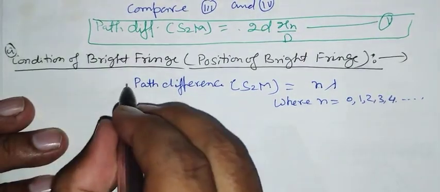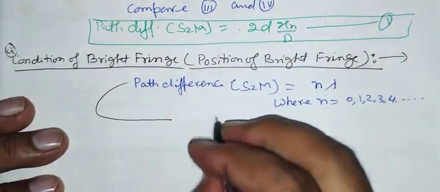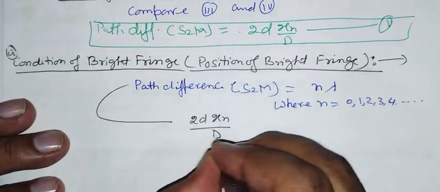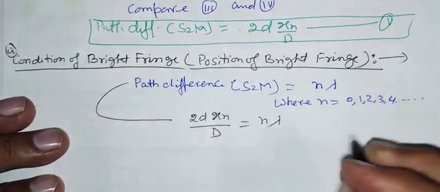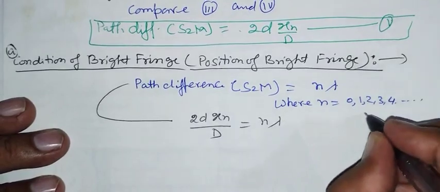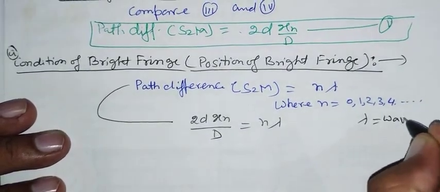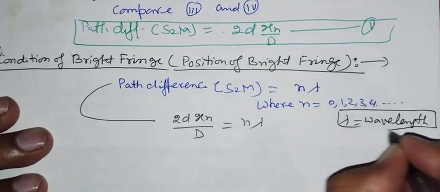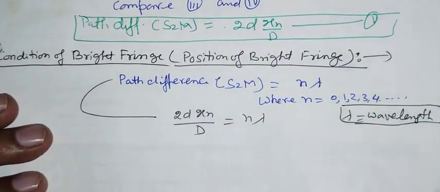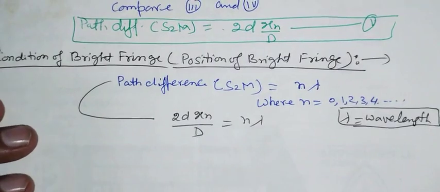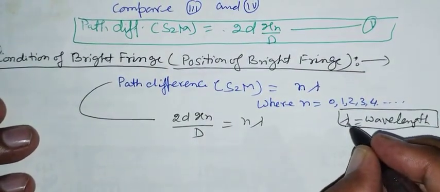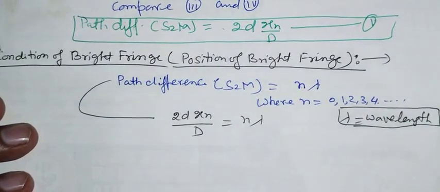Now putting this value here, what is the path difference? 2d xn by capital D is equal to n lambda, where lambda is the wavelength of monochromatic light which is used in the experiment. In Young's double slit experiment sodium light is used.